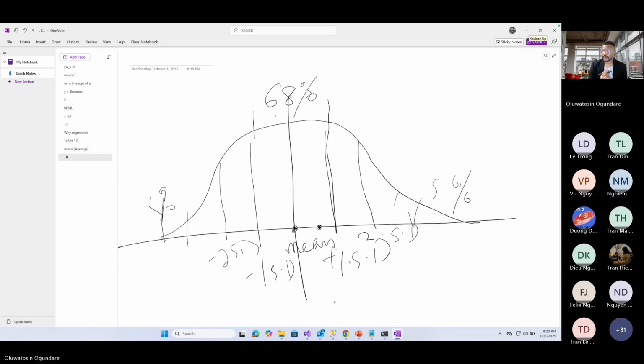So my point is, you know that 95% of the data is going to be within 2 standard deviations of the mean.